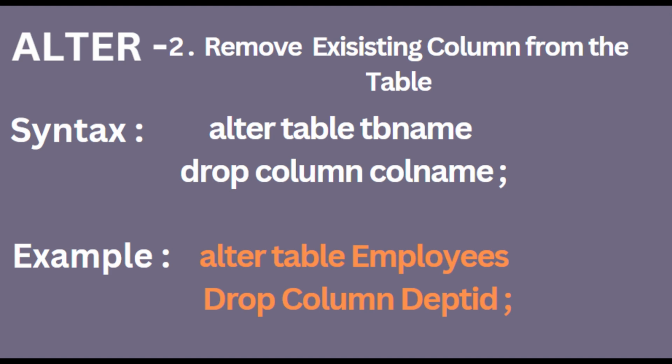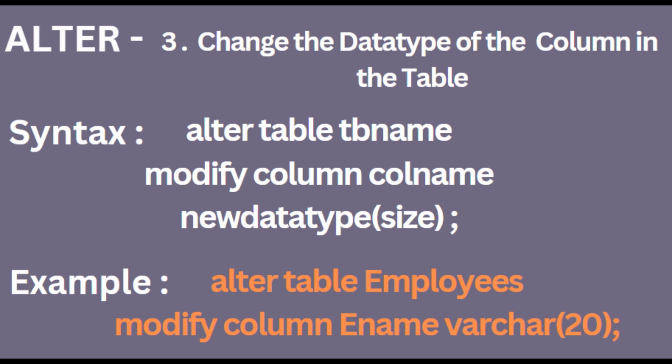And the third use case is changing the data type of a column. That is, if you want to change the data type of an existing column, we will use alter command. And the syntax will be alter table, table name, modify column, column name, new data type of size. Here we will use the modify keyword, and directly after the column name we will mention the new data type or new size which we are going to change.